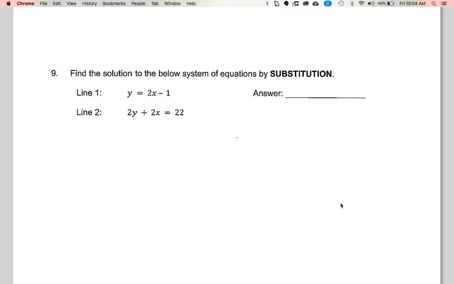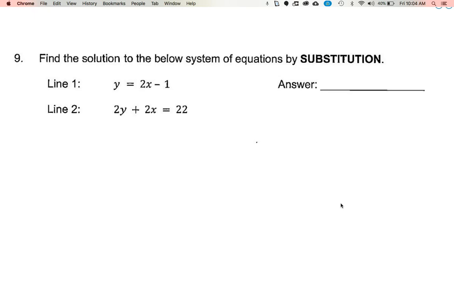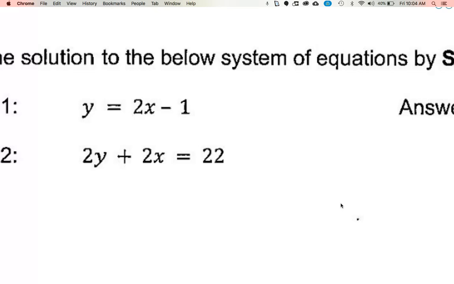All right, now let's look at these algebraically. Substitution method means that I want to substitute one equation into the other equation. So we always want to look for one of the equations to say that this is what y equals.